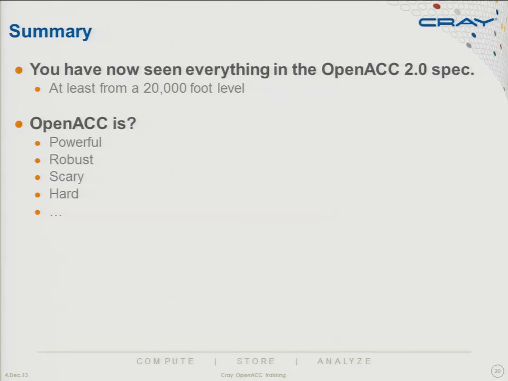So these words: OpenACC is powerful, robust, scary, hard. These aren't my words. These are the words of the compiler developer, who's also our representative on the language committee. There's a lot you can do. This last talk, OpenACC 2 brings in some stuff which is very powerful, but you look at it and you think, God, this is impossible.